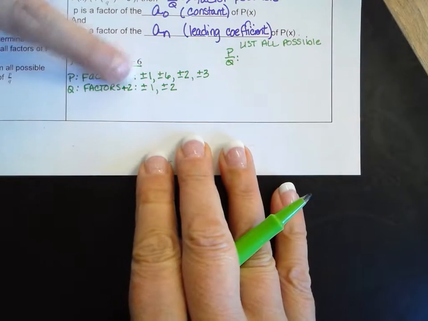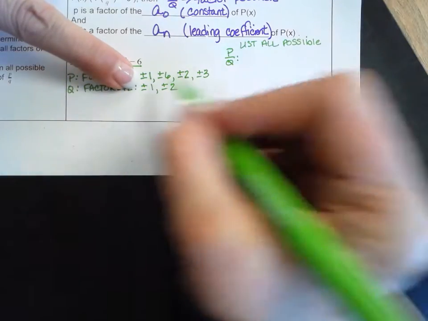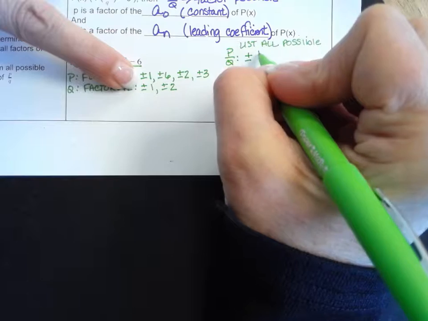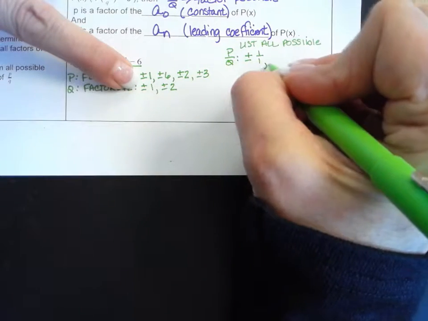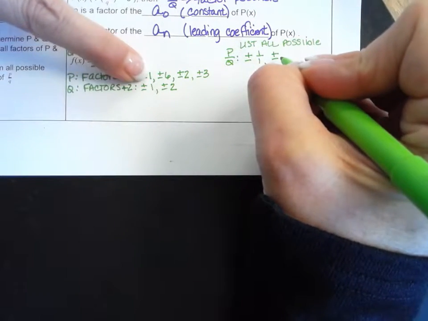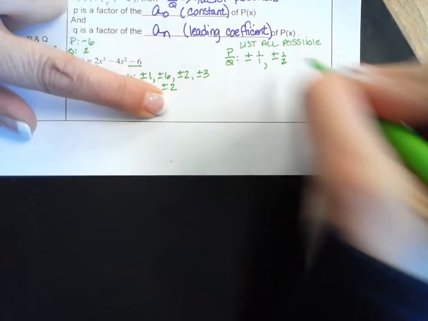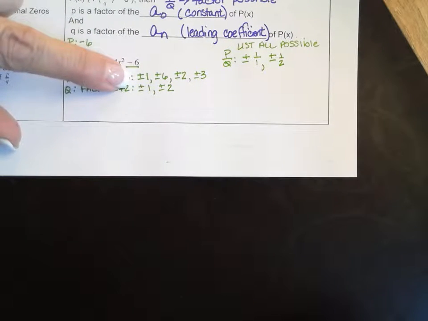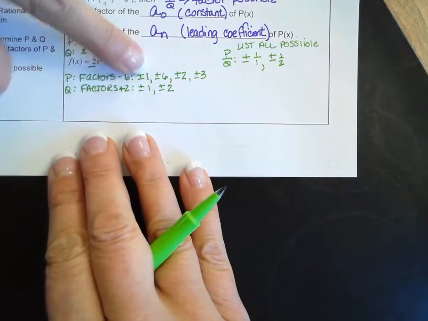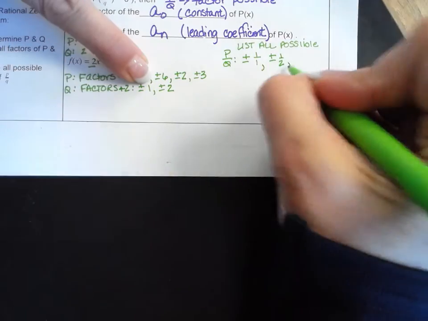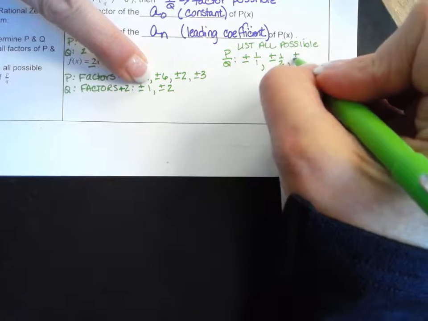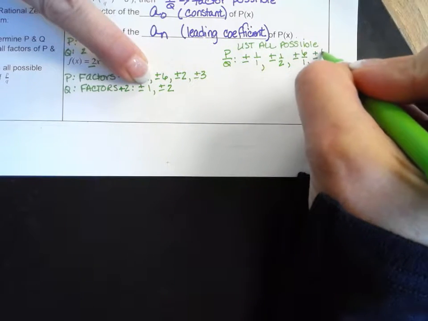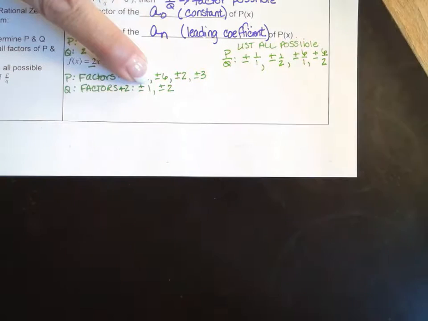So, if I start at 1, I'm going to have plus or minus 1 over 1, plus or minus 1 over 2. Agree with that? Then I move down to 6. And I have plus or minus 6 over 1 and plus or minus 6 over 2.